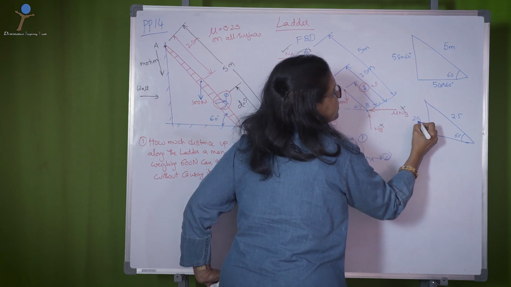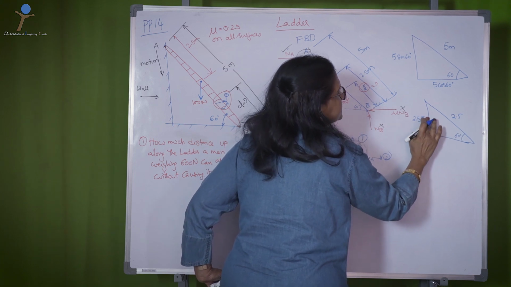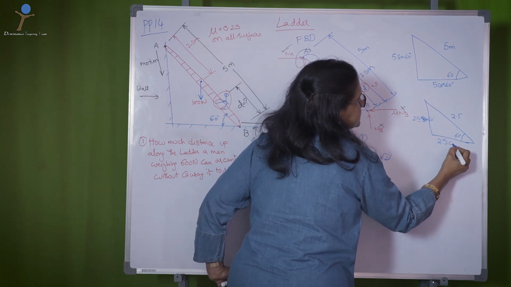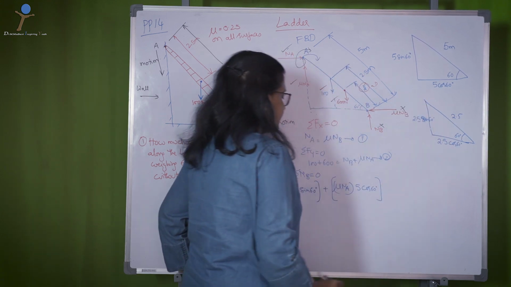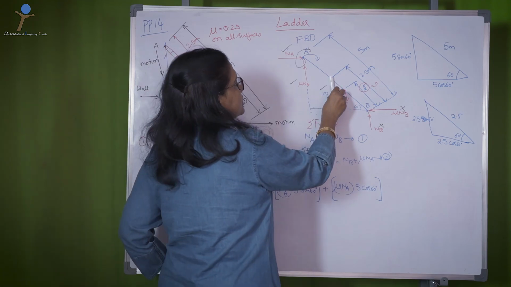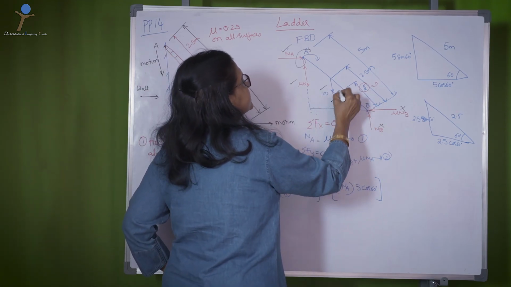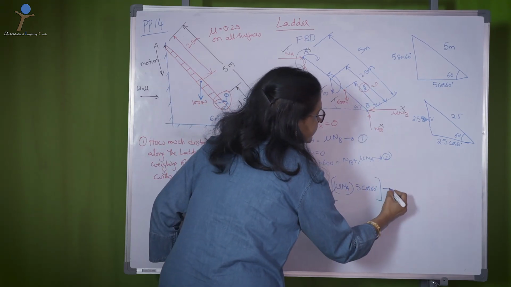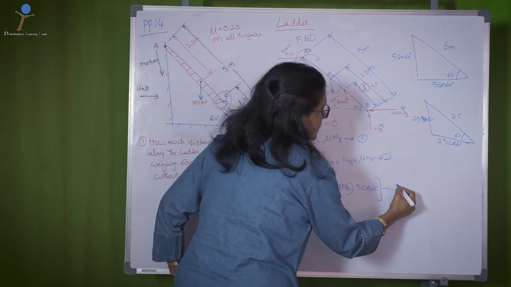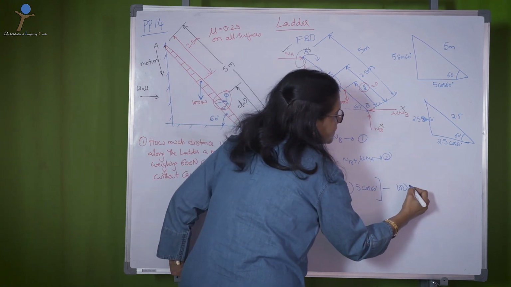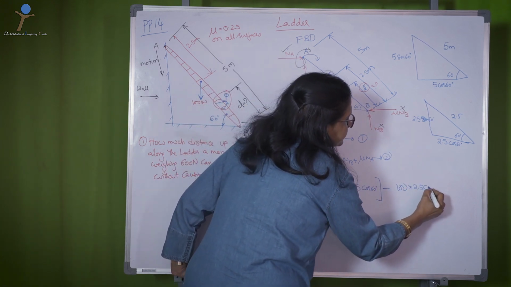So this forms 2.5 sin 60 and 2.5 cos 60. So 100, the weight of the ladder, rotates about the moment center in the anticlockwise direction, so minus 100 into the perpendicular distance 2.5 cos 60.